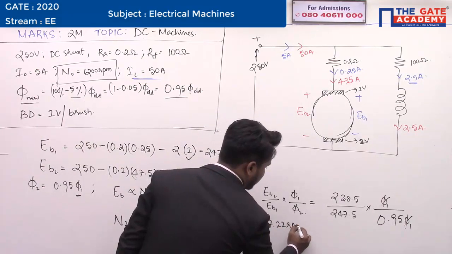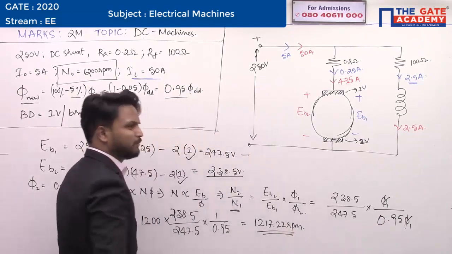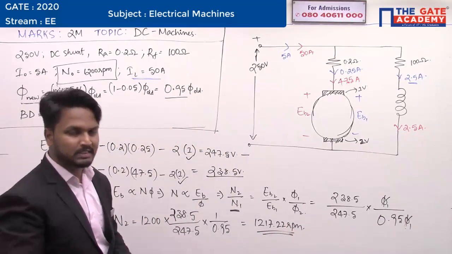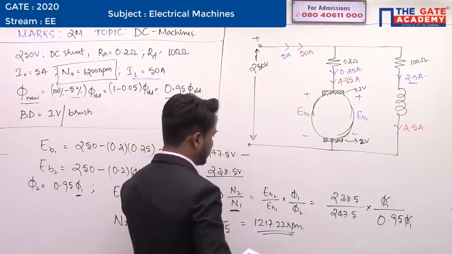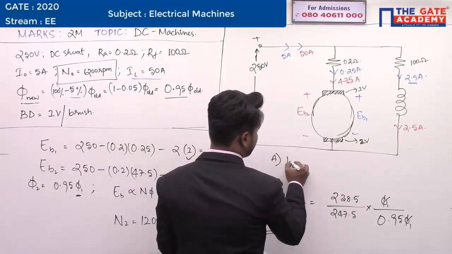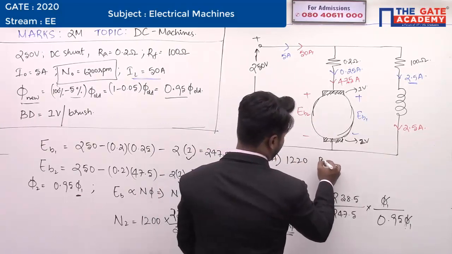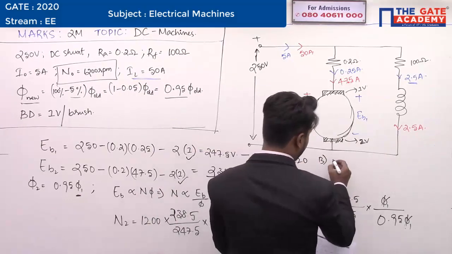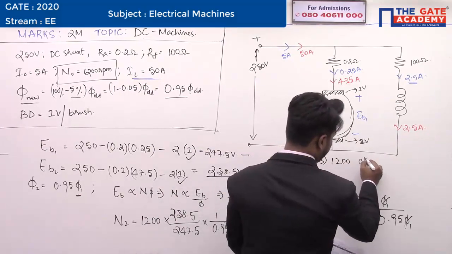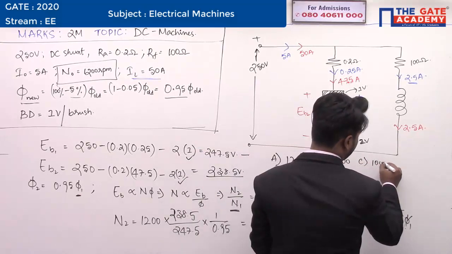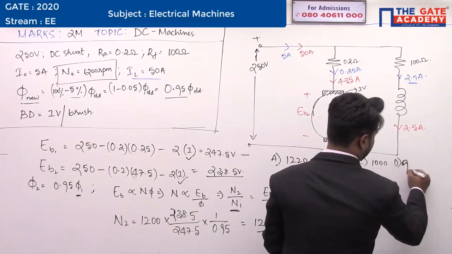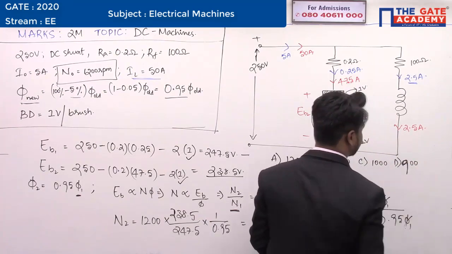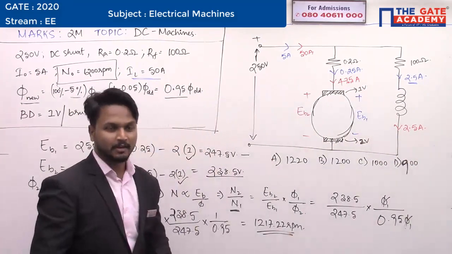1217.22 RPM. Right? And we also have options for this question. I'll just mention the options here. Option A is 1220, option B is 1200, option C is 1000, option D is 900, right?